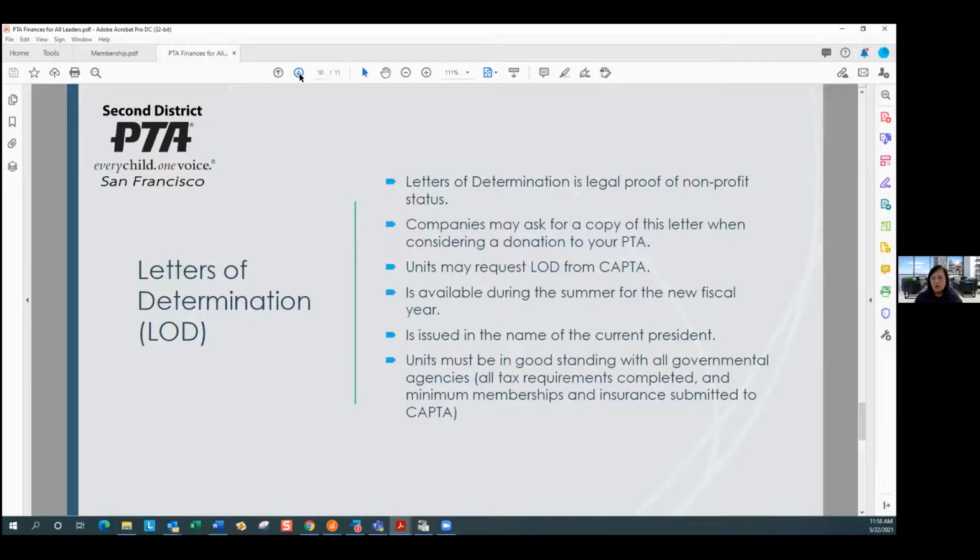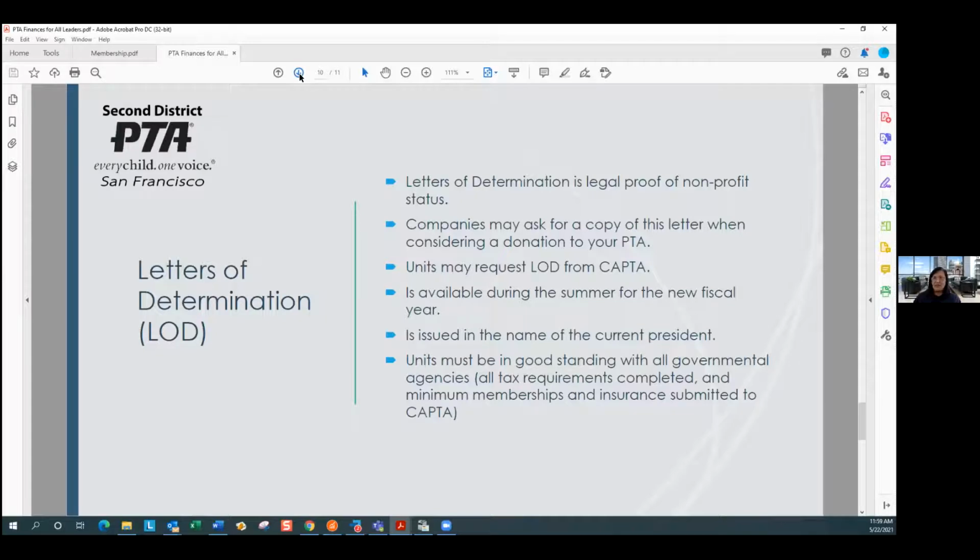They are available in the summer prior to the fiscal year, and they'll be issued in the name of the current president. The units must be in good standing with all of the governmental agencies, the IRS, the Franchise Tax Board, and the Attorney General, and with CAPTA before they can issue this letter.